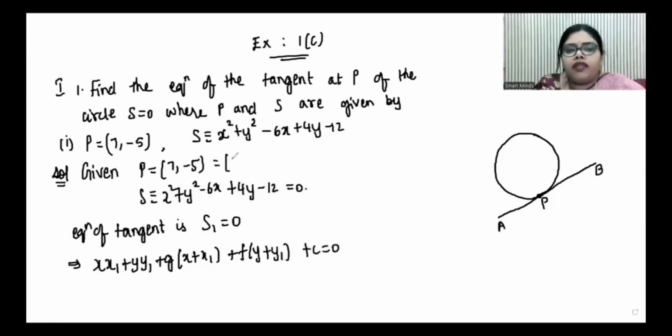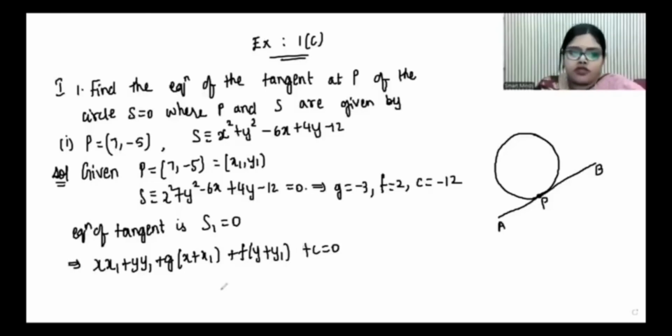Now from the point we get x1, y1, and from the circle, what is g? g is half of the coefficient of x. So the coefficient of x is -6, half of -6 is -3. The same way, f is half of the coefficient of y, that is 2, and c is the constant -12. Now we have the g, f, c values and the x1, y1 values.